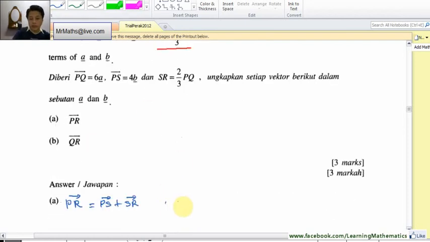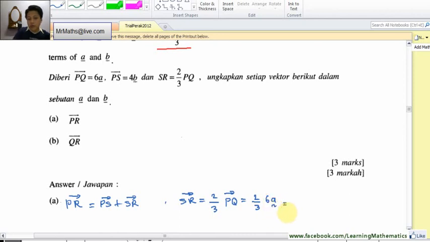Let's put it here. SR is 2/3 of PQ, right? So that is basically 2/3 of 6a.